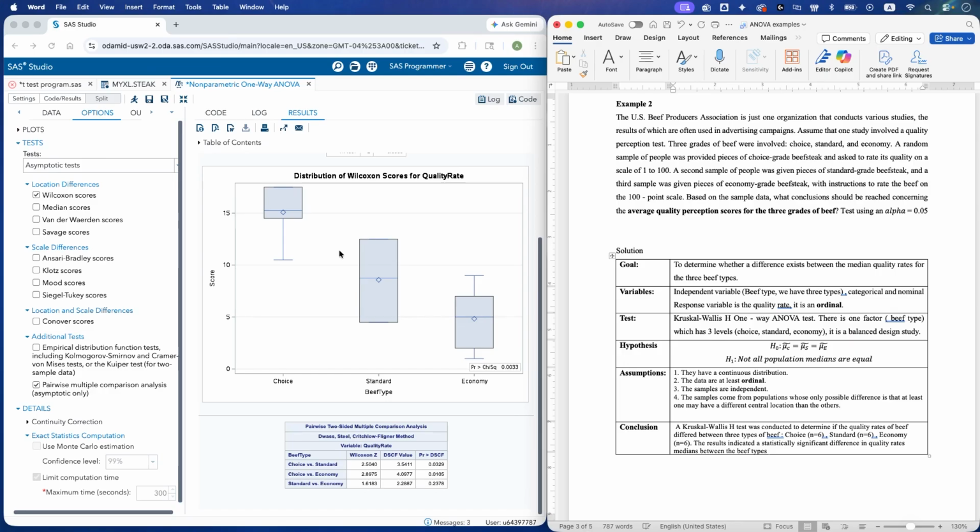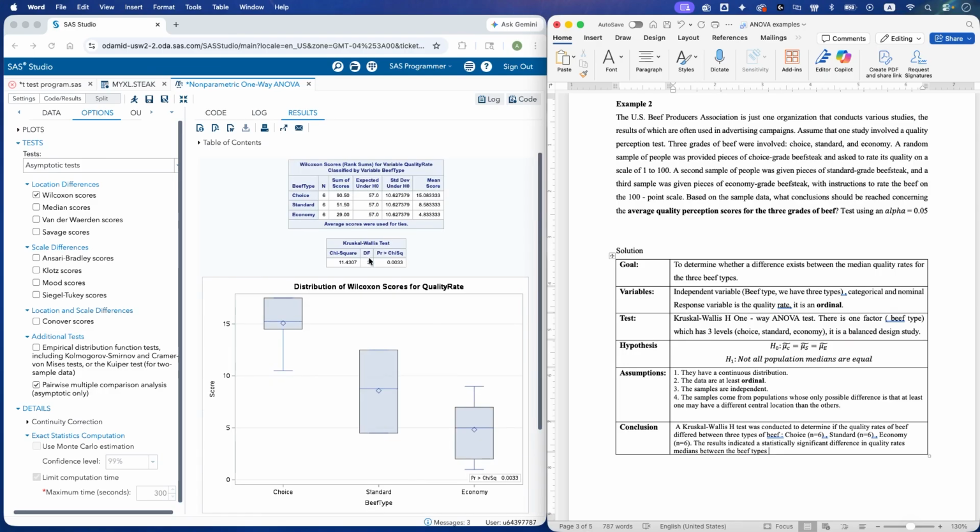Then we report the chi-square, degree of freedom, and the p-value. The chi-square of 2 equals 11.43, comma, p-value equals 0.003.